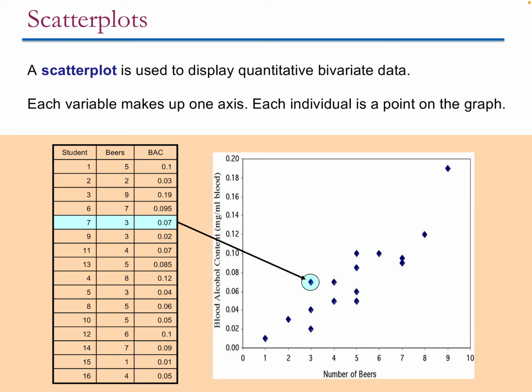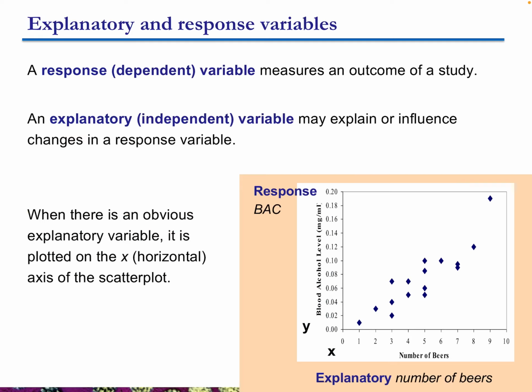Now, these two variables, a very important concept here is that of response and explanatory variables. Usually when you have a relationship between two variables, one variable is causing the other variable to respond in a certain way. So we have what's called an explanatory variable.